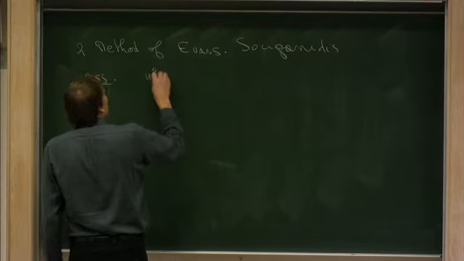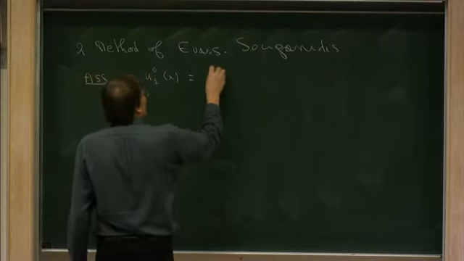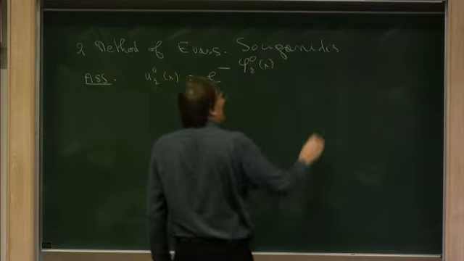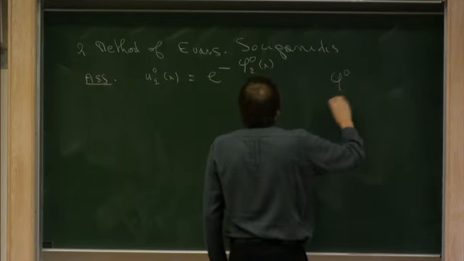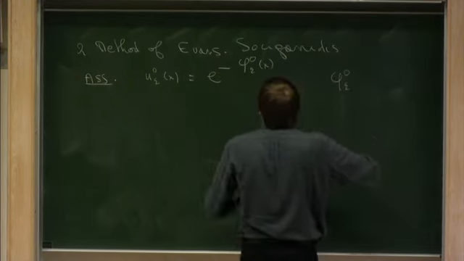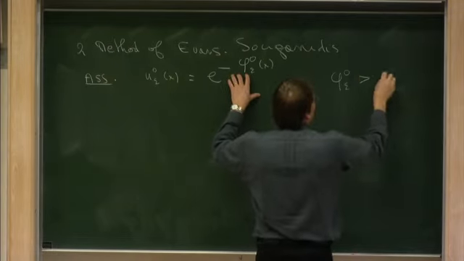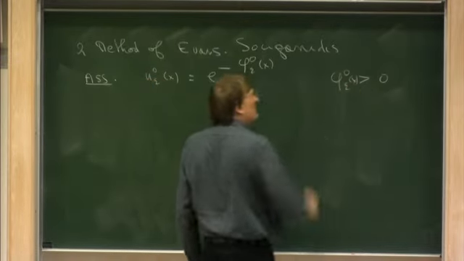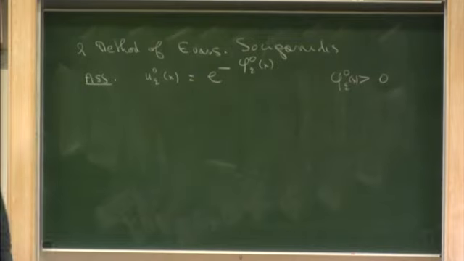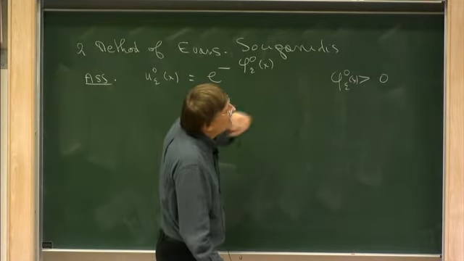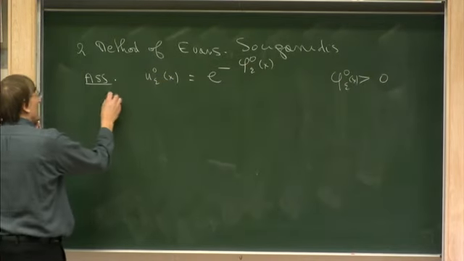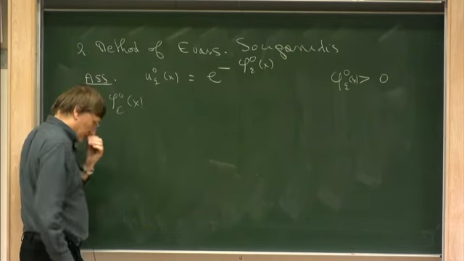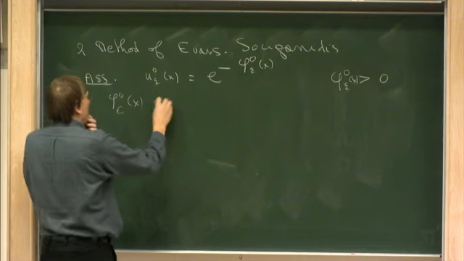We assume that u0 epsilon of x can be written as exponential minus phi 0 epsilon of x, with phi 0 epsilon positive, because we need that to be less than 1, and phi 0 epsilon of x being a Lipschitz function.